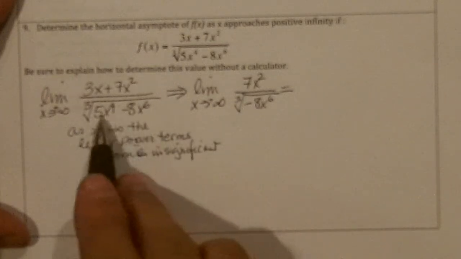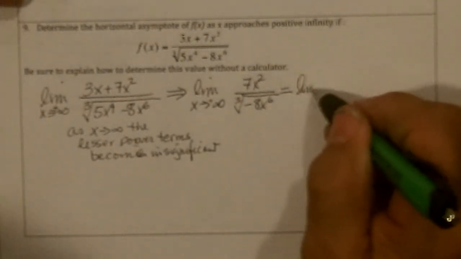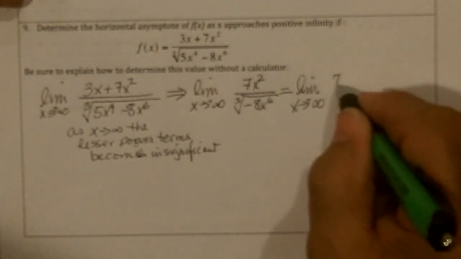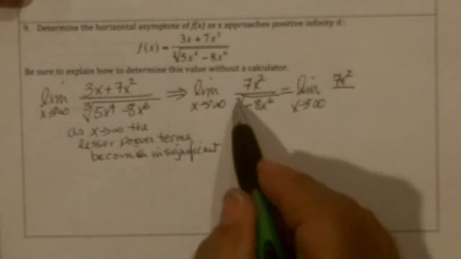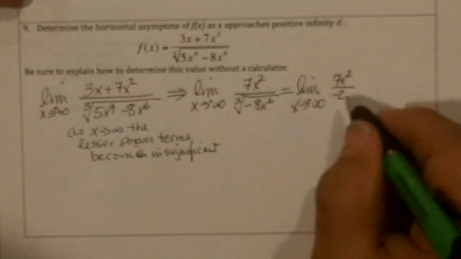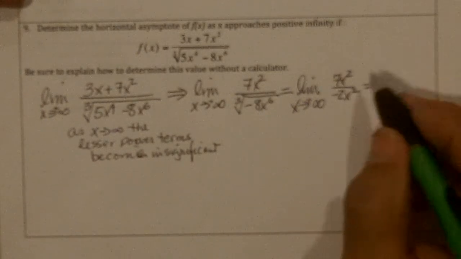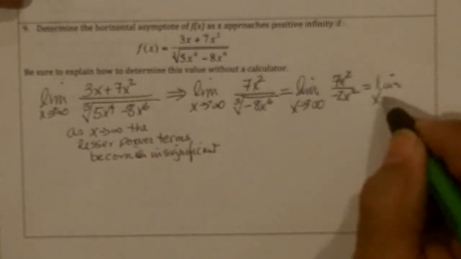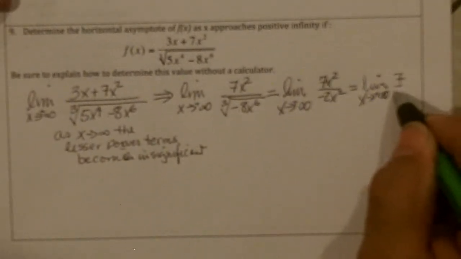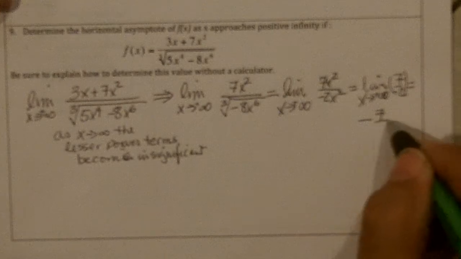And now, since we don't have this addition in here, we can take the cube root of the pieces, and this becomes the limit as x approaches positive infinity of 7x squared over the cube root of negative 8, which is negative 2. The cube root of x to the 6th is x squared. The x squareds cancel, and so we get the limit as x approaches positive infinity of 7 over negative 2, which is negative 7 halves.